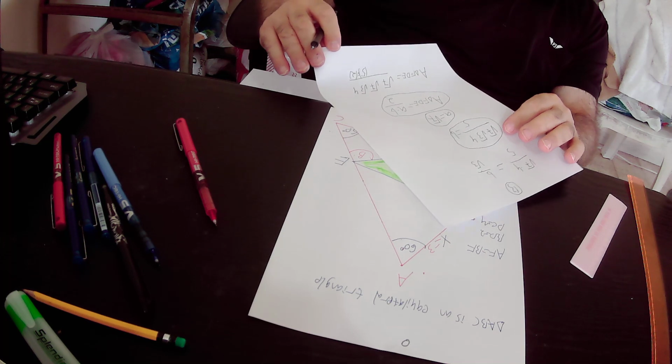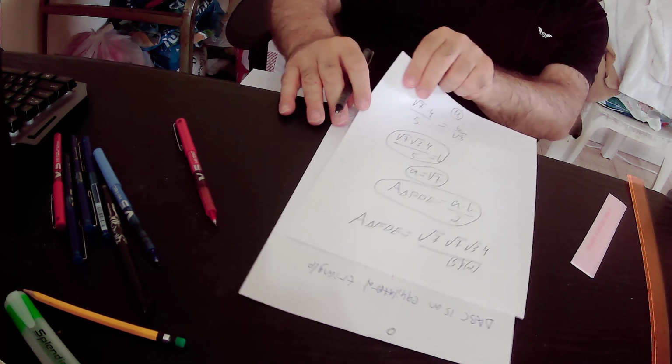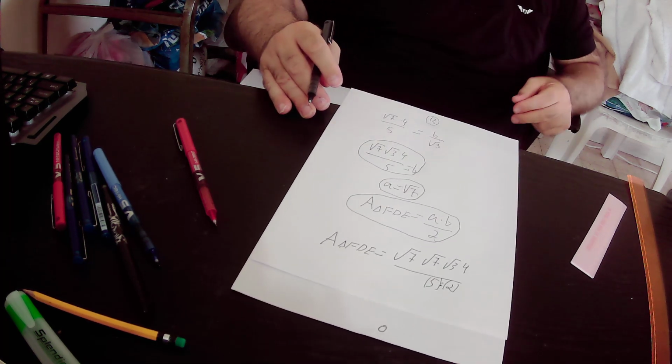Okay, so that is the area of the green triangle FDE.